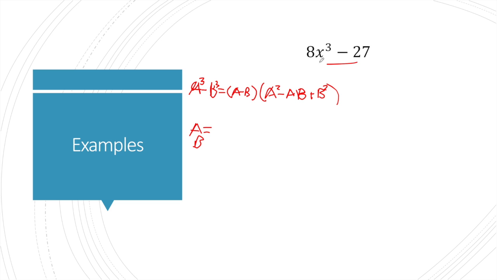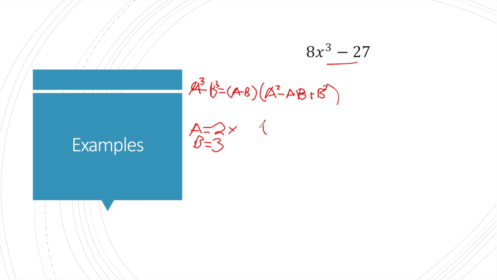A, in this case, I'm looking for something cubed that would get me to 8x cubed. 8 is 2 cubed. X cubed is x cubed. Okay? B in this case, 27, that's going to be 3 cubed. So I can plug in here.